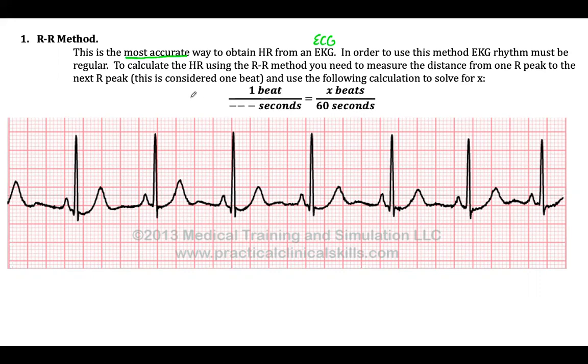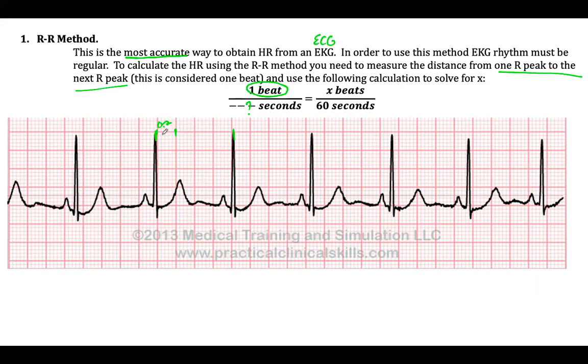First thing I want to measure is how long one heartbeat takes. So one beat takes how many seconds? Let's take an easy one. I'm going to pick this heartbeat from here to here, from one R peak to the next R peak. We know each of these big boxes is 0.2 seconds, right?